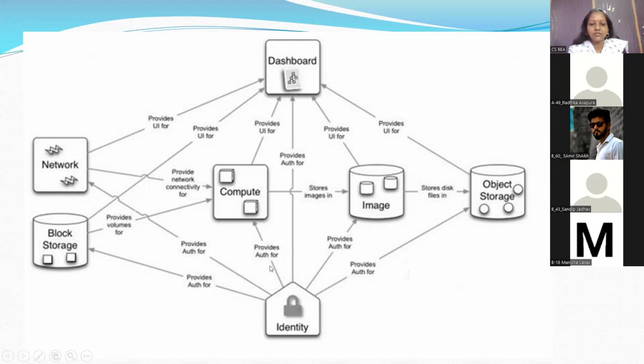Identity services are used to authenticate a particular user with a username, password, etc. Dashboard provides the user interface through which the user can interact with different devices present in your OpenStack cloud. Then the networking services provide network connectivity for, for example, compute, image, etc.